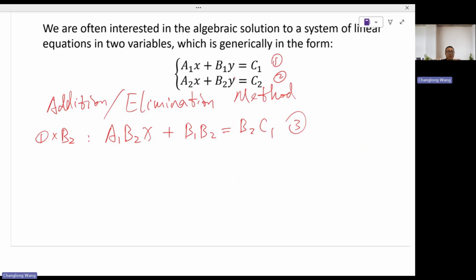Now to match the coefficient of y in the second equation, I need a b1, right? So why don't I just multiply the second equation across the board with not just b1, let's make it a negative b1, because we like to add instead of subtract.